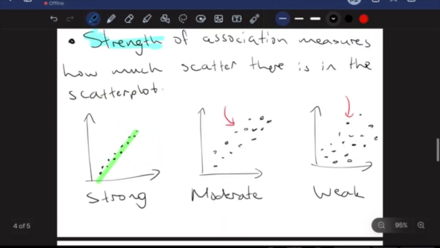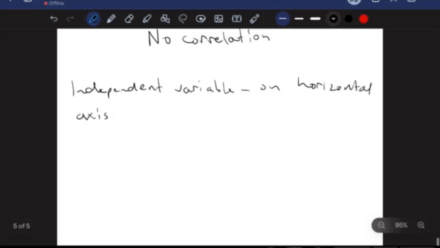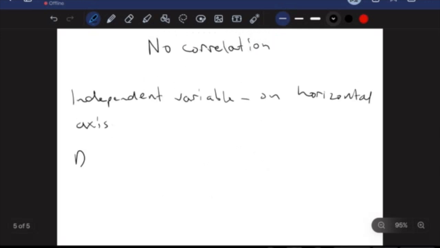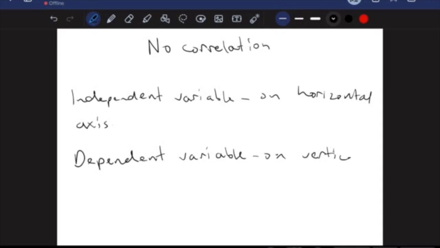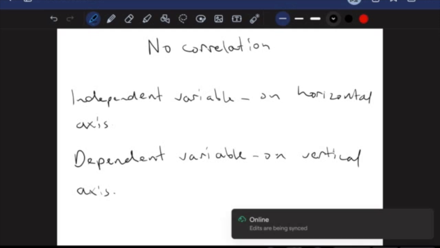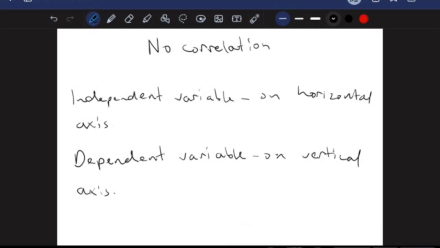The dependent variable, however, let's write it down here. This one is going to be on the vertical axis. Now, this particular variable, as it states in the name, it is dependent on the other one.